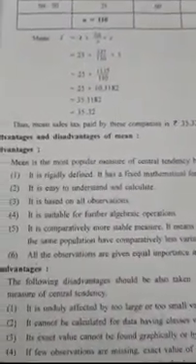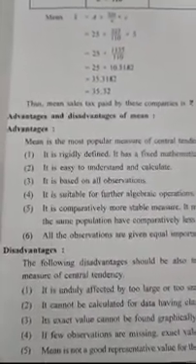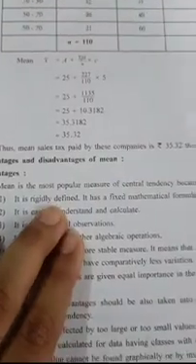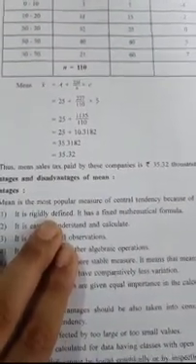Coming to the next one, we will see the advantages and disadvantages of the mean. Page number 77, advantages and disadvantages of a mean. Mean is the most popular measure of central tendency because of the following advantages. First, it is rigidly defined.